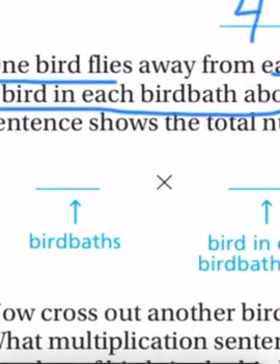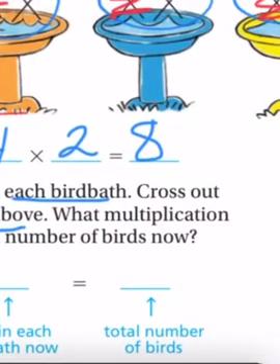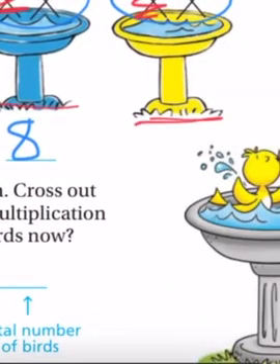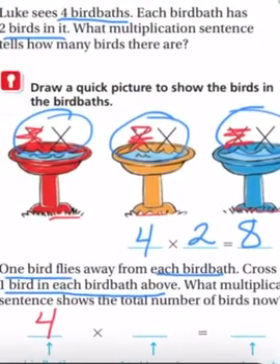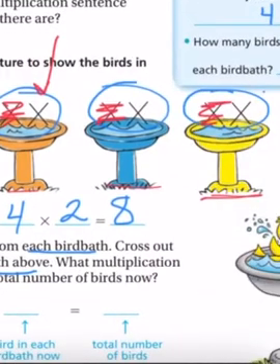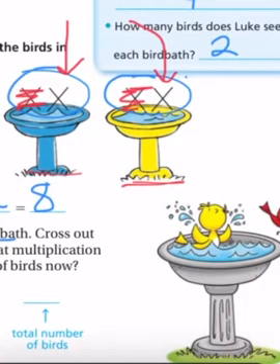So how many bird baths do we have? We still have 4 of them, right? 1, 2, 3, 4. 4 bird baths. How many birds are in each bird bath now? We have just 1 in each bird bath.